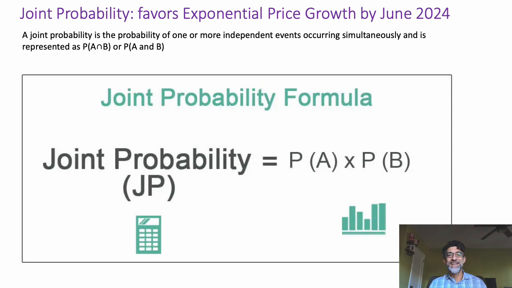God, what is it? I'm blanking out here. Basically, I think at least three events are going to occur at the same time. And there's a very high probability that this is all going to occur by June 2024.